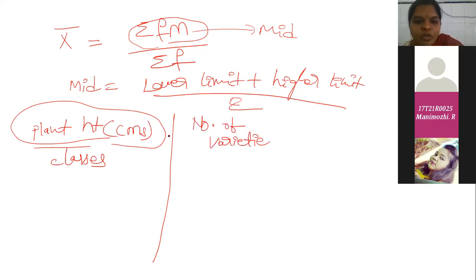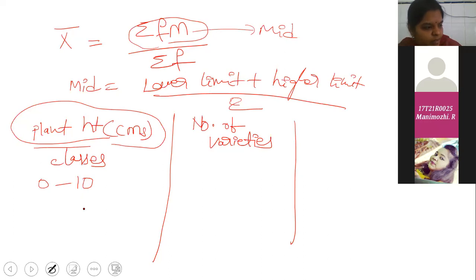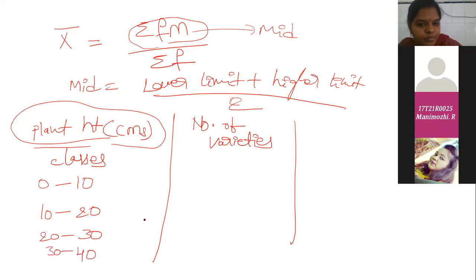These are plants, no? That's why this is resembled with varieties. So just write down the ranges here: 0 to 10, 10 to 20, 20 to 30, 30 to 40, 40 to 50, 50 to 60.